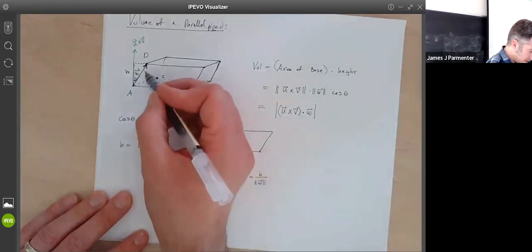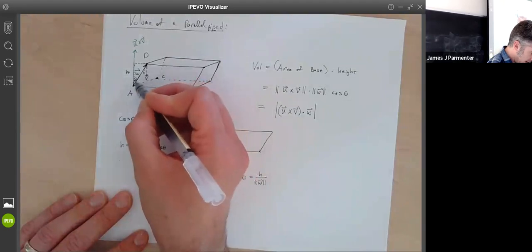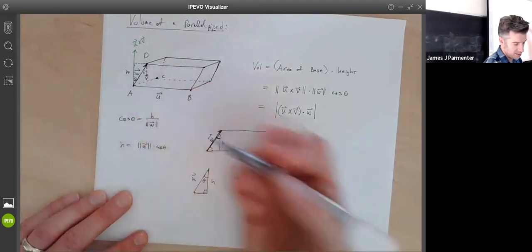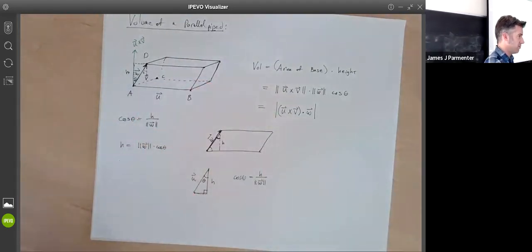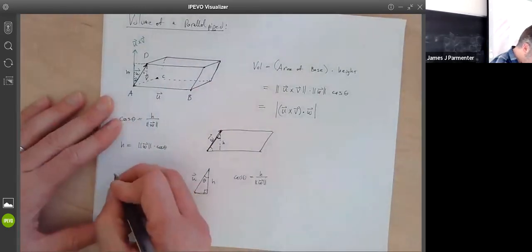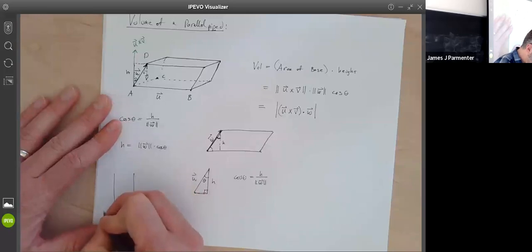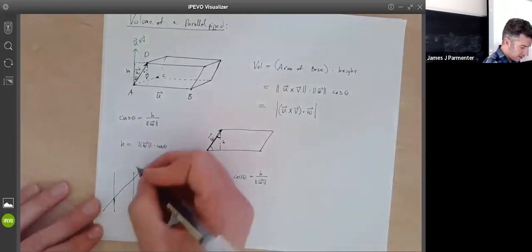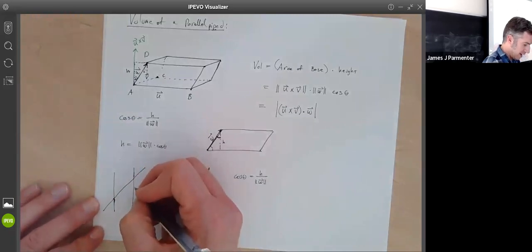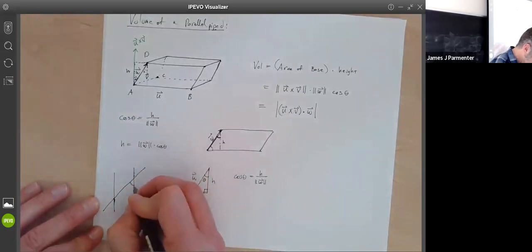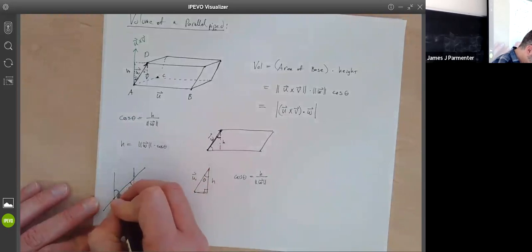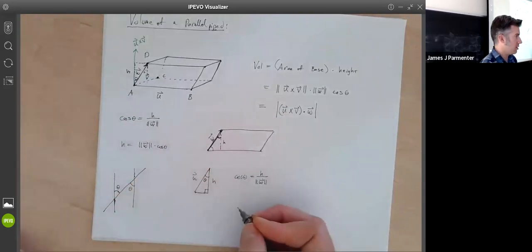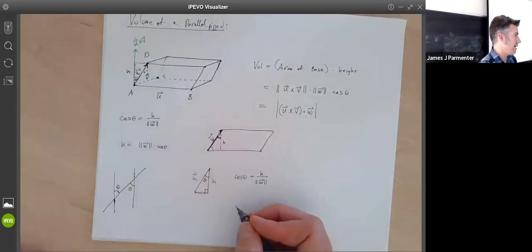So this angle and that angle are the same. There's this thing called the alternate interior angle theorem from geometry way back when, where if you have two parallel lines and you cross them like this, then a lot of angles are congruent to each other. Specifically, this angle and this angle are congruent because of the alternate interior angle theorem.